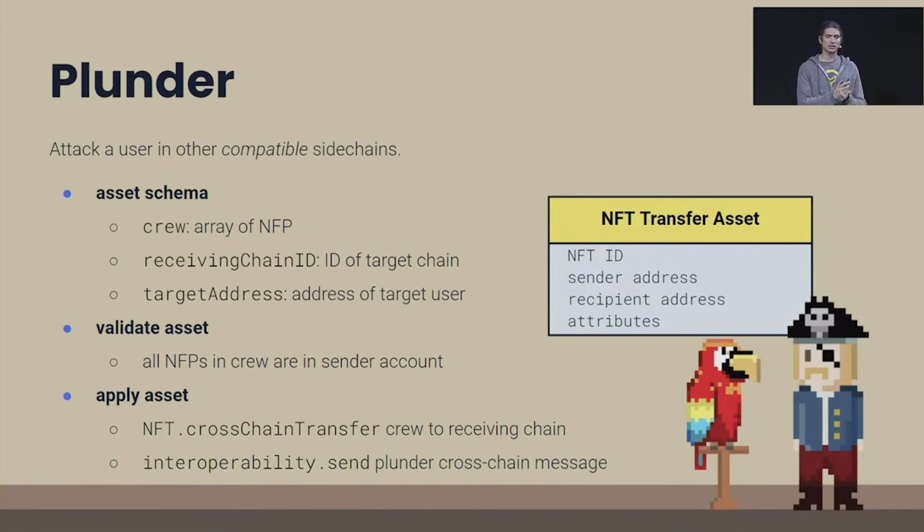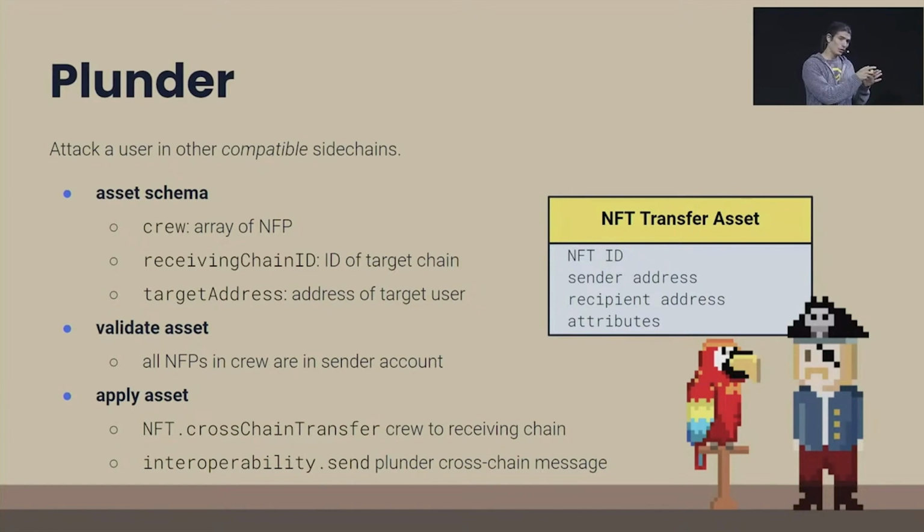To validate the asset, again, we just check that all pirates are actually stored in the sender account. And to apply the asset, this time what we do, we first cross-chain transfer all the pirates in the crew, the same as what we did for sale. We don't set the adventure this time. This is not a game. We're attacking someone.